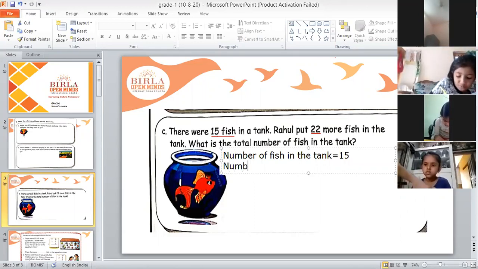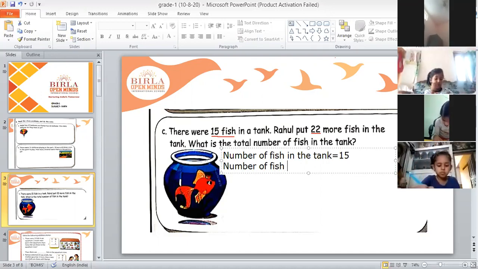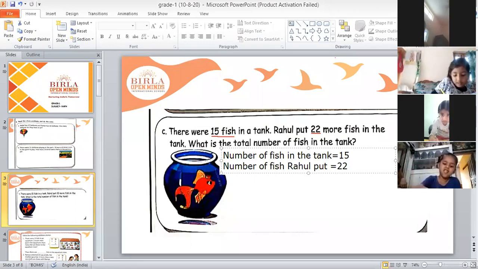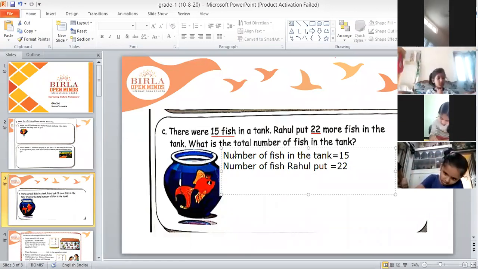Then, please write the statements which I am writing: number of fish Rahul put equal to how many? 22. So number of fish in the tank equal to 15 and number of fish Rahul put equal to 22.